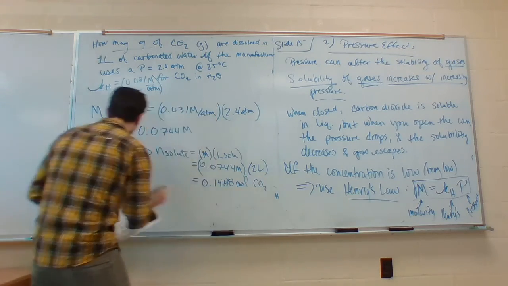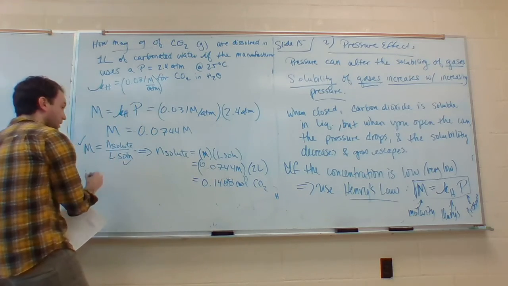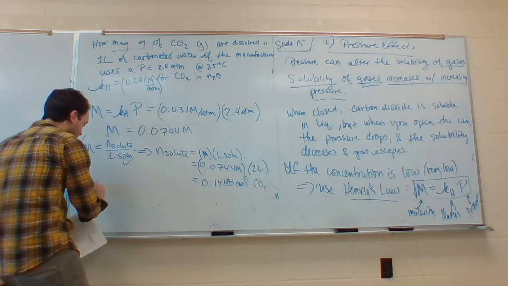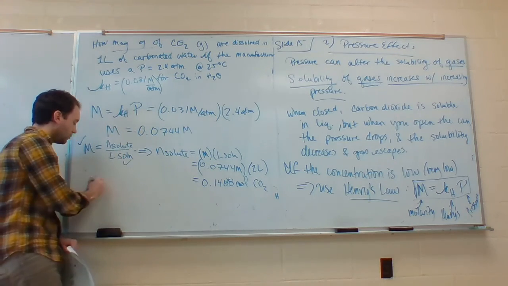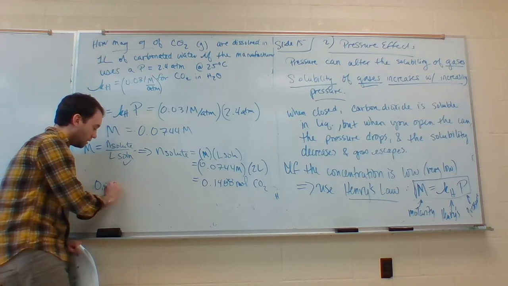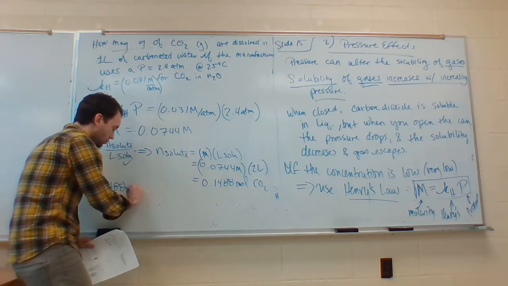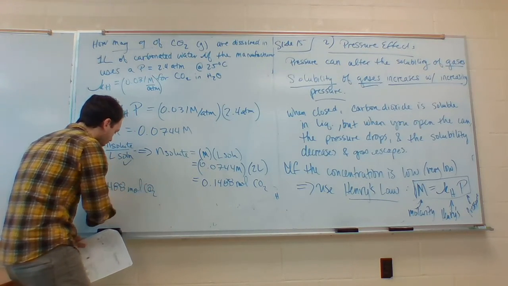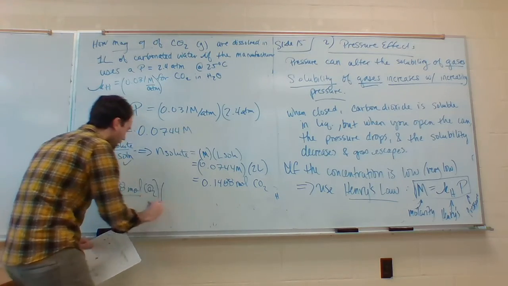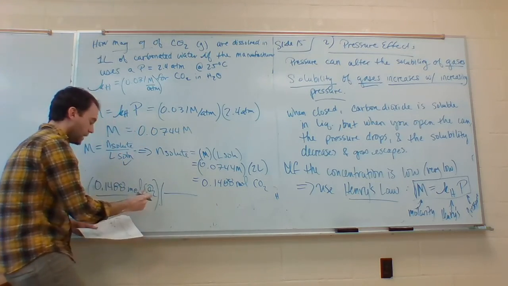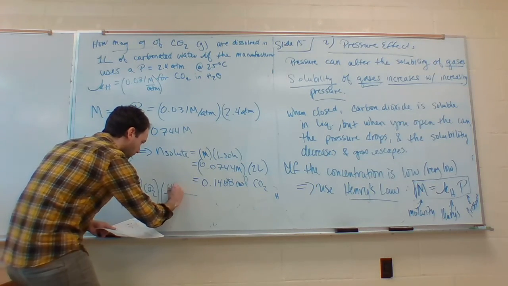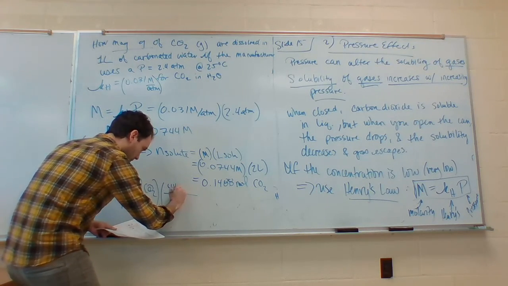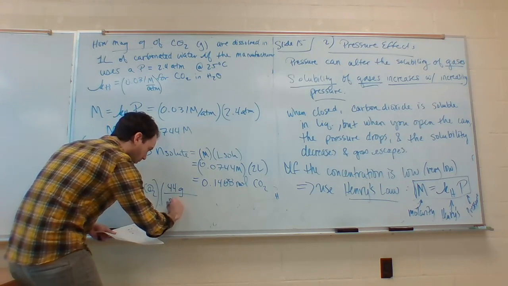And then we say, okay, this is moles of CO2, and we want grams of CO2, so we're going to use our molecular weight. So we've got 0.1488 moles CO2 all over 1, and the molecular weight of that is 44 grams per mole.